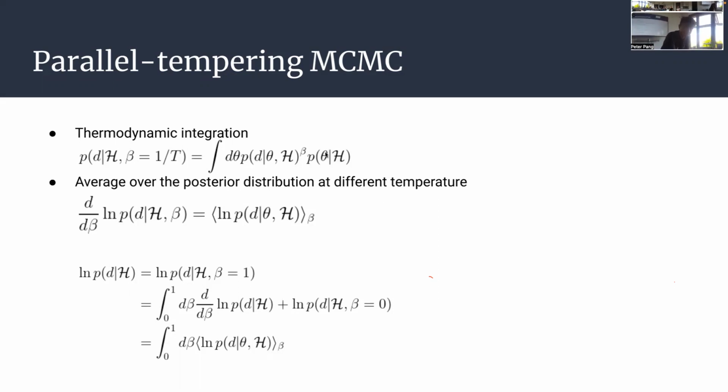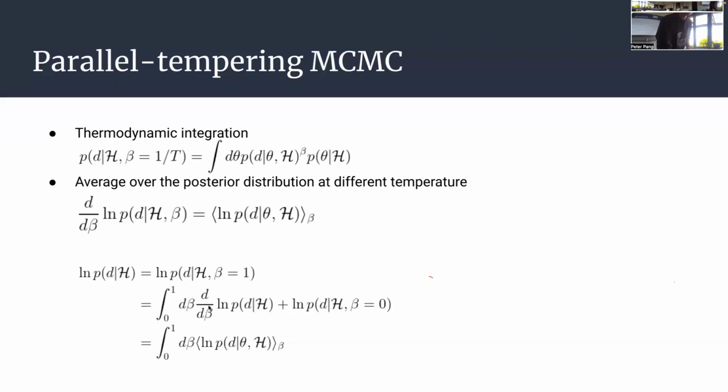Beta of 1 is the evidence, but with different beta it's a completely different object. If you do a differentiation and write it down analytically, the derivative of the log of this thing gives you the average value of the likelihood with respect to the posterior at temperature 1 over beta.